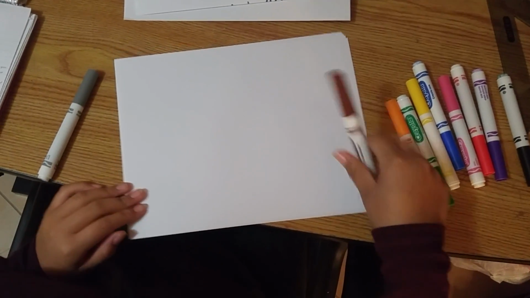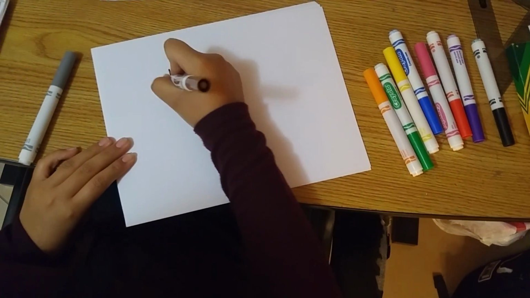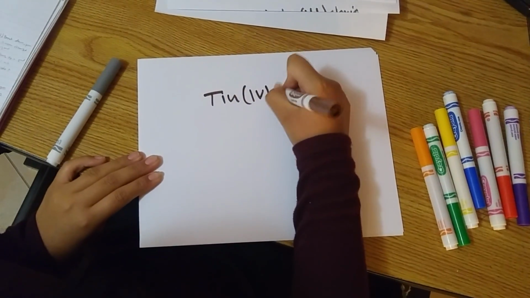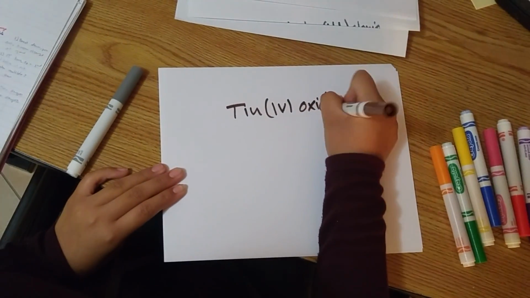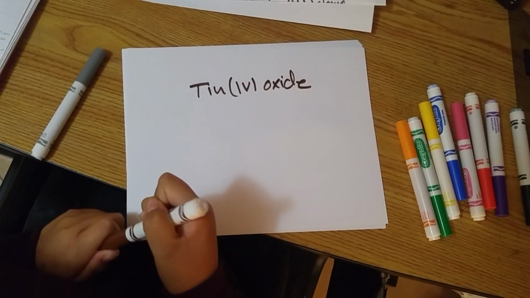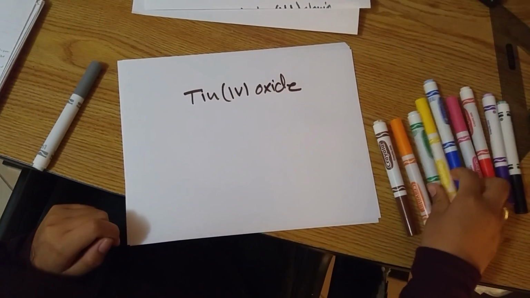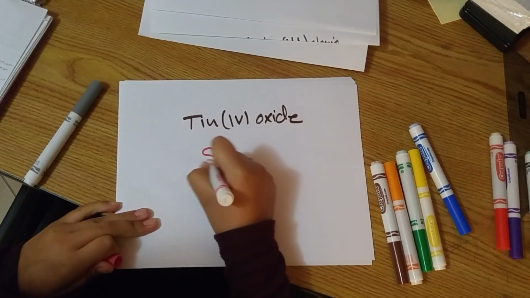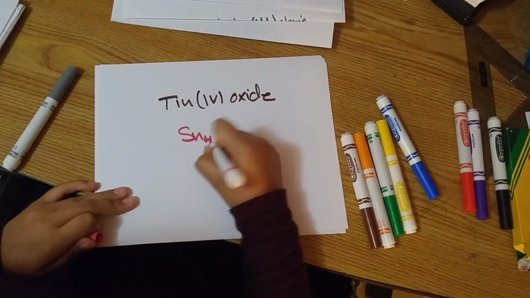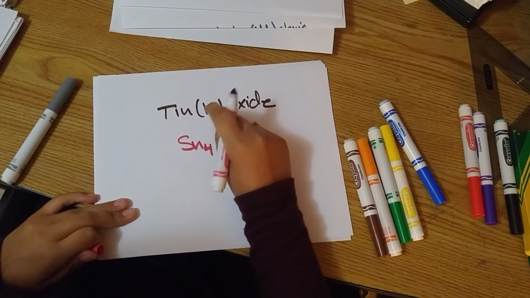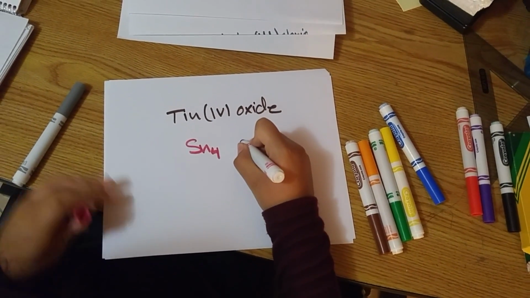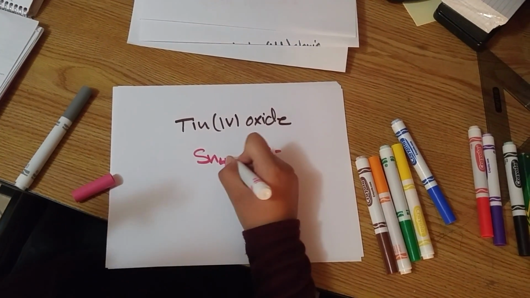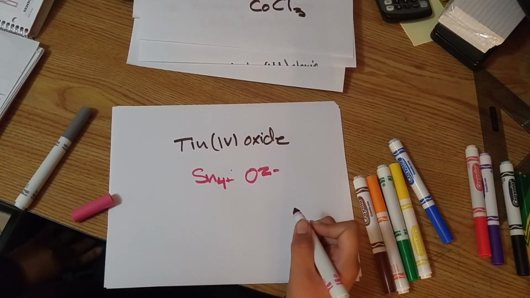Another example would be tin 4 oxide. Individually, we know that tin is Sn4, as we can see from here. An oxide is oxygen, which is O2. Or plus, sorry, that's supposed to be up there.